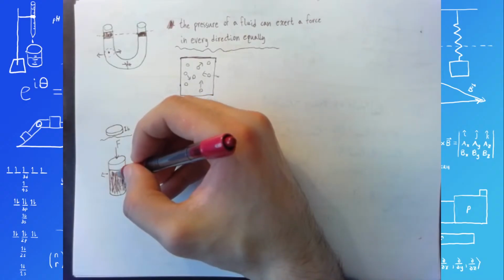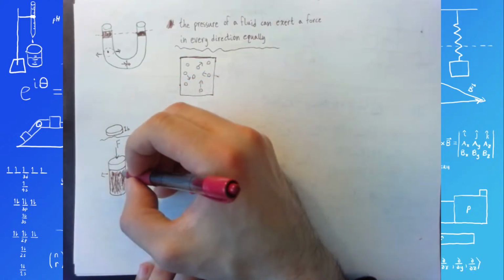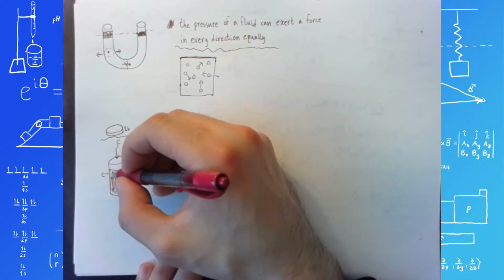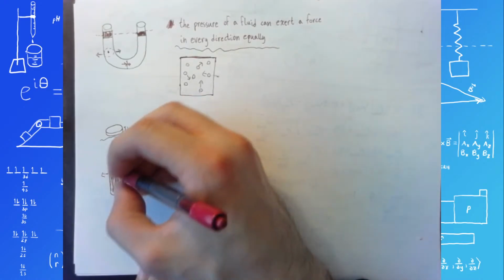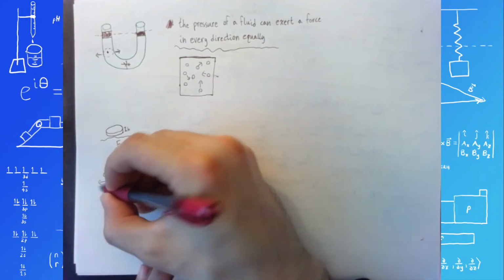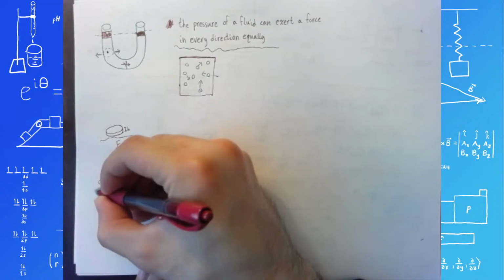So the layer of liquid sitting above isn't going to succeed in moving down. So there's nowhere to go except sideways, so they start pushing on the container sideways, and the more I increase this force, the more that the sides of the container feel that force.